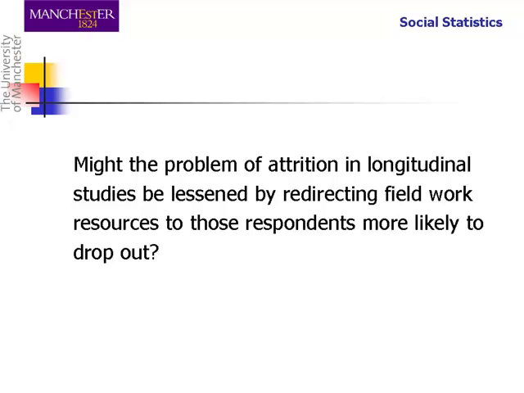In other words, could we direct resources at those respondents who we think are more likely to drop out, for example by giving them a more experienced interviewer, or maybe an incentive? There are various ways in which you might intervene to lessen the problem of attrition in longitudinal study.